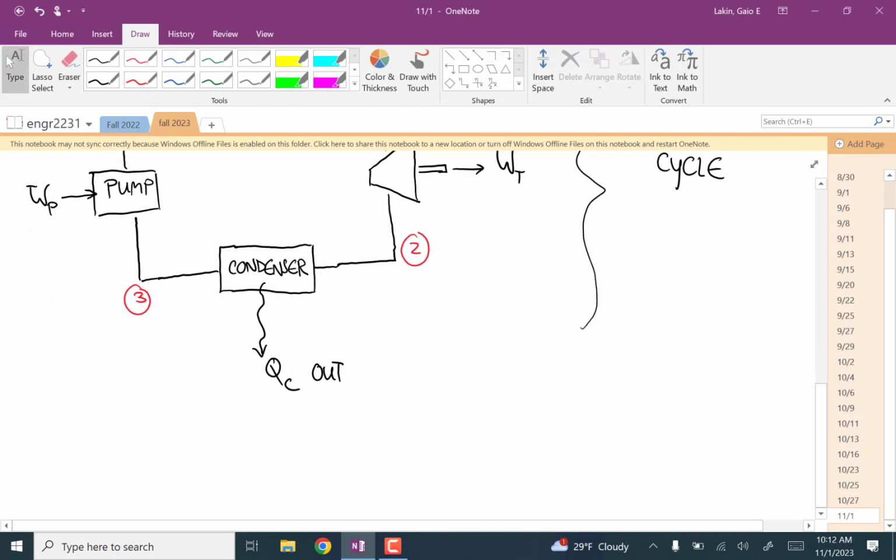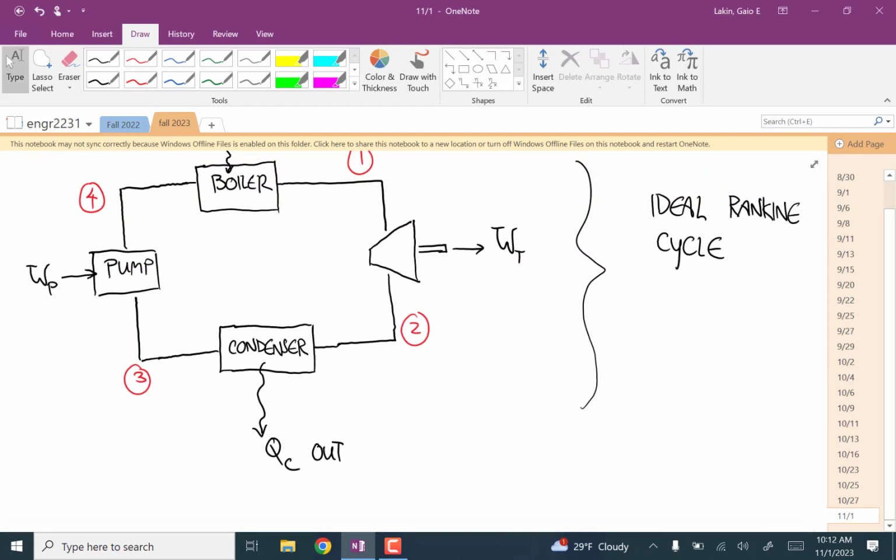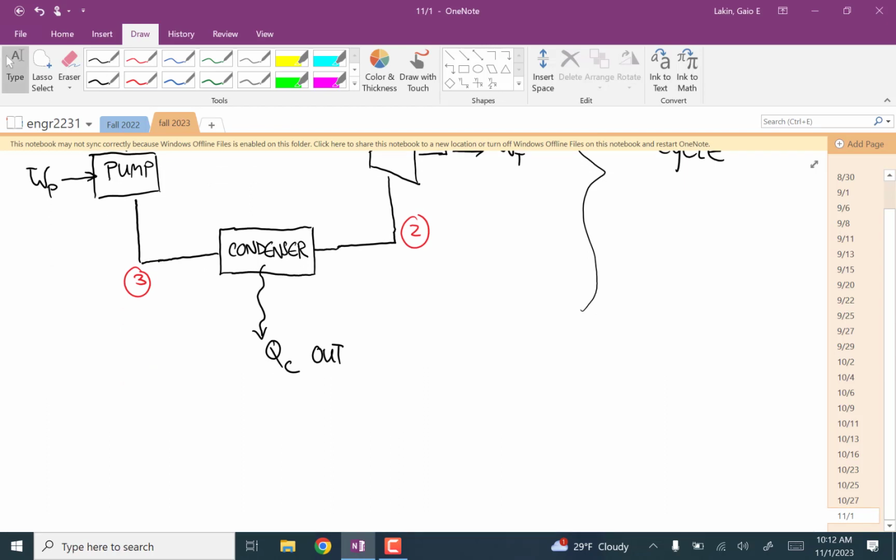Okay. So let's talk about these steps. First of all, just remember to take the time to make sense out of the different steps, what it's doing. It's pretty intuitive if you think about it for a second. So here are the steps of the ideal Rankine cycle.